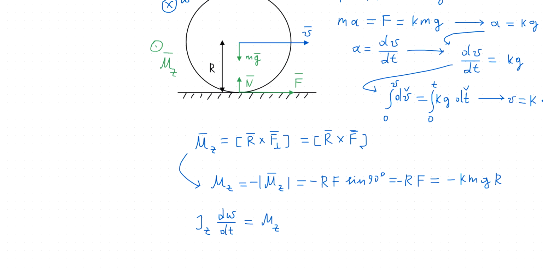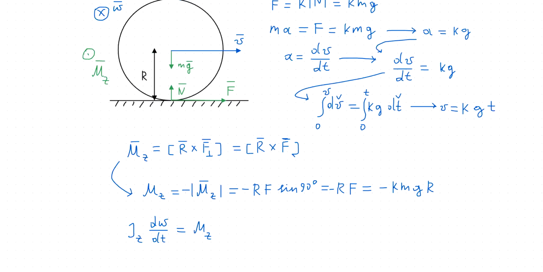I think we have some ready-to-use formula to find it. One divided by two, m r squared. So Iz is equal to m r squared divided by 2.